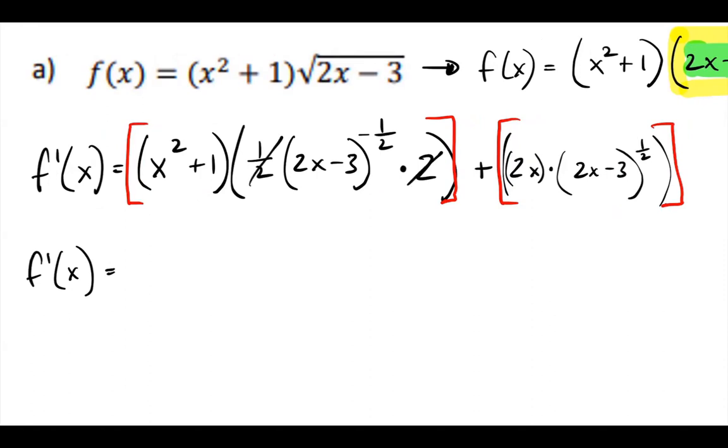So these guys simplify to be 1. And then I have x squared plus 1. So I'm going to write x squared plus 1. Okay, got that taken care of. This guy is left here. That guy's got a negative 1/2, so that's going to move to the bottom.